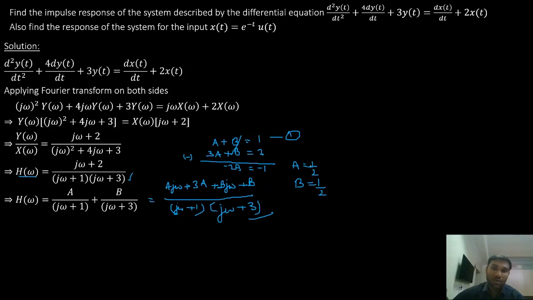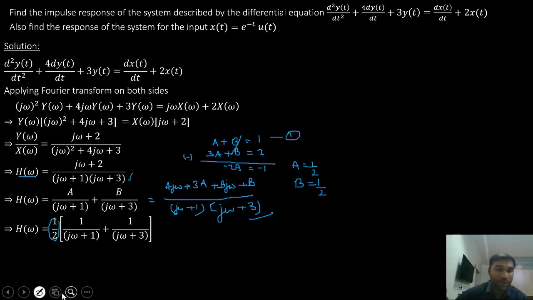So I found out my values of A and B. A is 1 by 2, B is 1 by 2. I'll just substitute them here. So I took 1 by 2 common, and this is what is left of my H of omega, right? That is my H of omega.